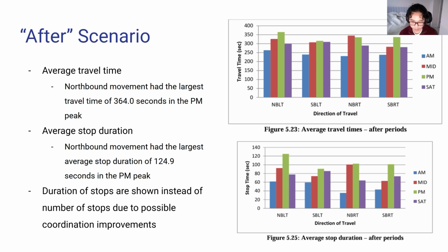So you could stop 5 or 6 times throughout the study corridor, but if you're stopping for a second or 2 seconds at each stop, that's different from stopping one or two times, but stopping like we see here, like 125 seconds, right? So I decided to focus more on the average stop duration instead of the number of stops in this specific case.